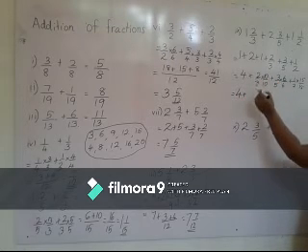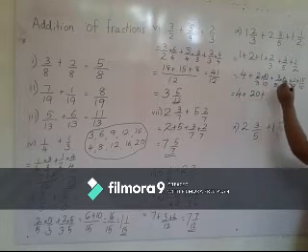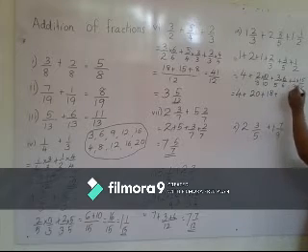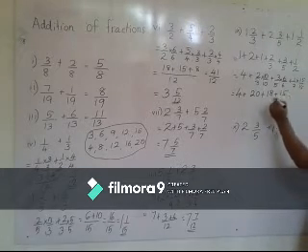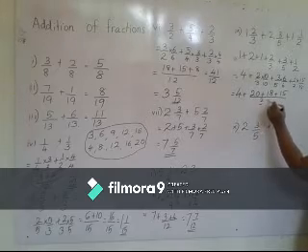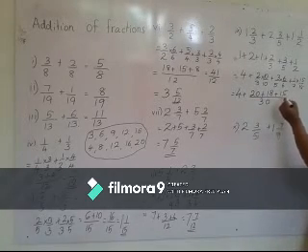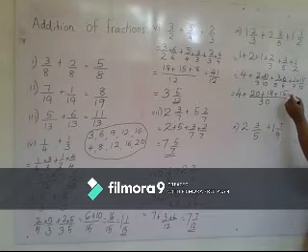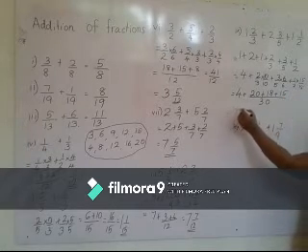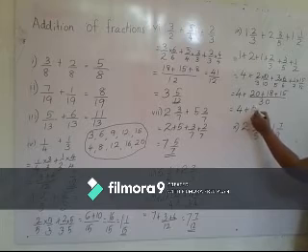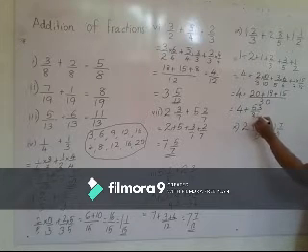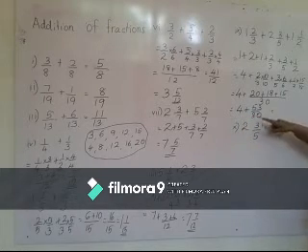2 times 10, 20. Added to 18. Added to 1 times 15, 15. Divide by 30. 20, 18, 38. 38 and 15, 53. 4 added to 53 over 30. Now, here this is an improper fraction.